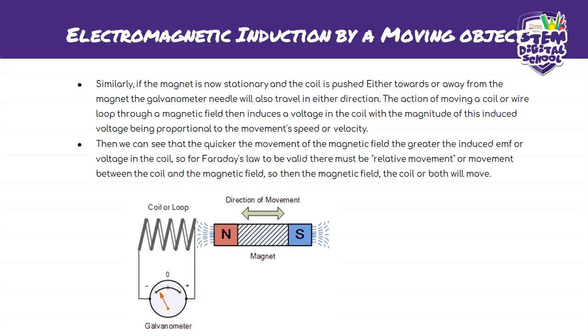The action of a moving coil or wire loop through a magnetic field induces a voltage in the coil, with the magnitude of this induced voltage being proportional to the movement speed or velocity.